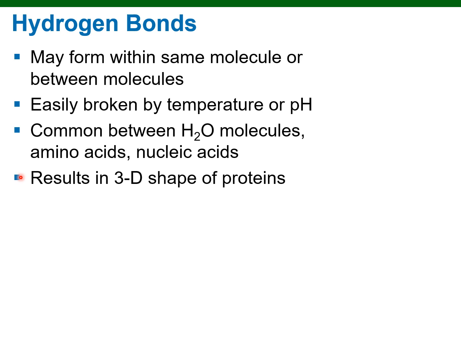And we'll say more on that later. We can see here it says results in three-dimensional shapes of proteins. So proteins are these complex globular structures, and hydrogen bonds play a crucial role in the shape and function of proteins.